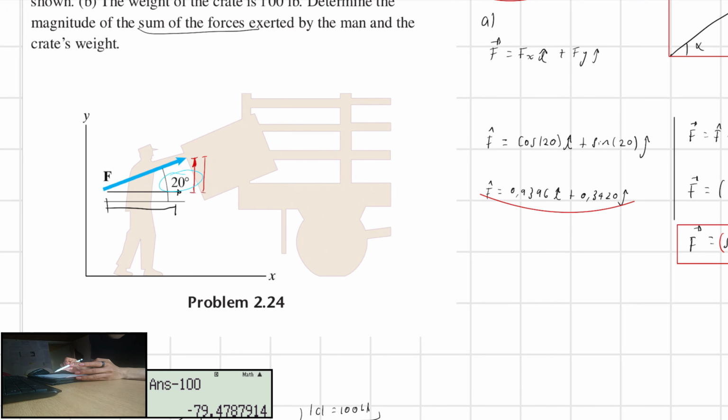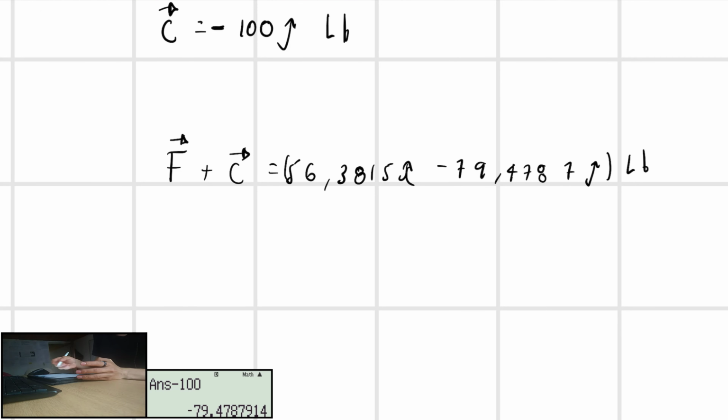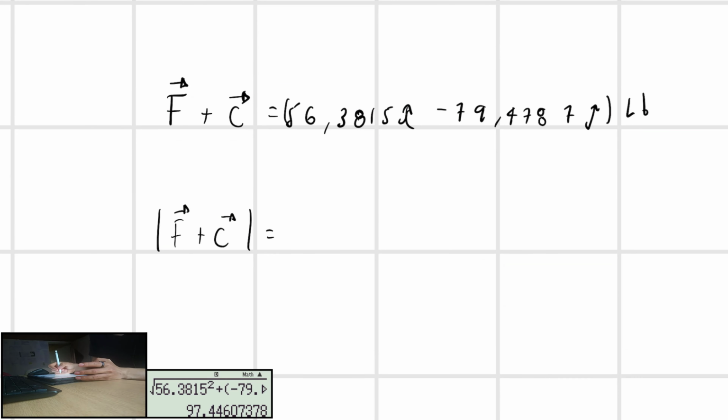They are asking for the magnitude. Yeah, determine the magnitude, right? So all I have to do is to find the magnitude of F plus C, which is going to be equal to the square root of 56.3815 squared plus minus 79.4787 squared, which is going to be equal to 97.4460 pounds.